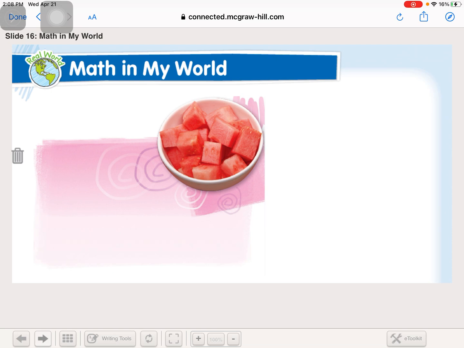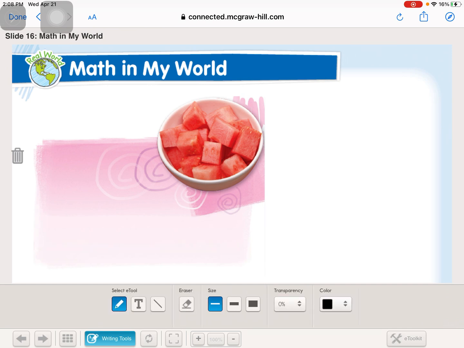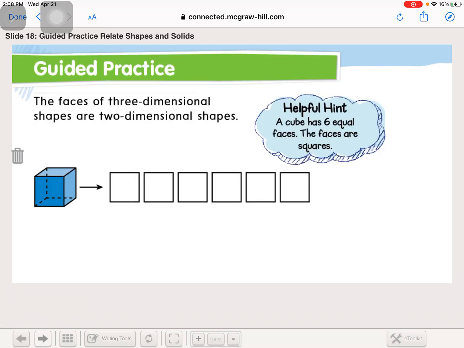You might have a tissue box that is the shape of a cube, if it's not the long one, if it's just the square one. There might be something in a game in the shape of a cube. So go find a cube, and then you're going to trace the shape of that cube on here. And if you turn it over and trace another side, it should be the exact same, right? Because all the faces are going to be squares on a cube.